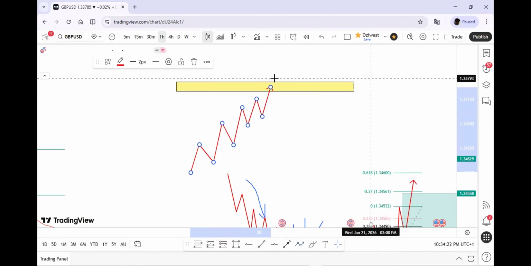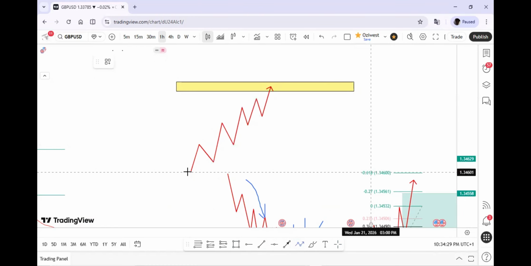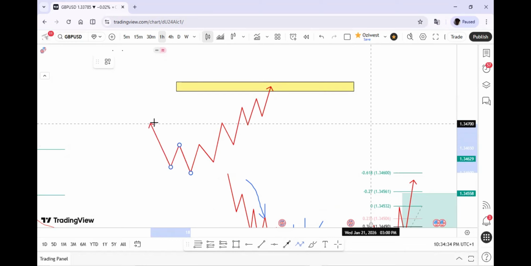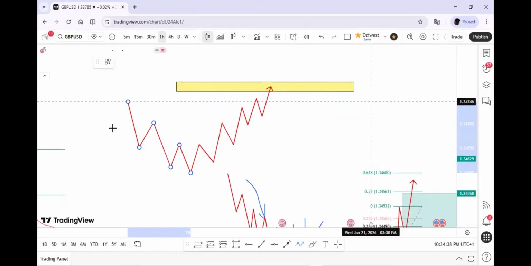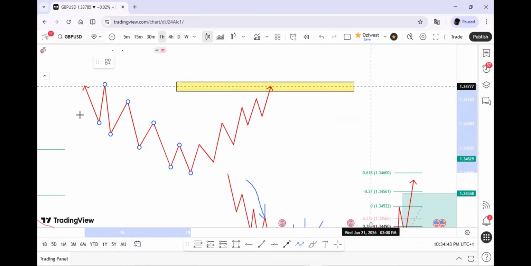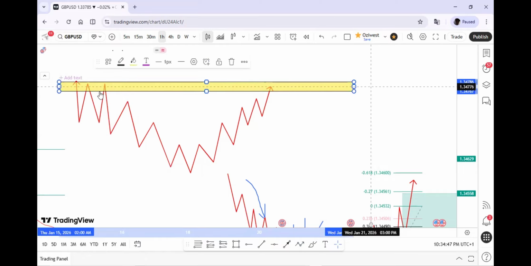Now price is at that 4-hour level of resistance. This is the level of resistance. The price has approached that level of resistance.